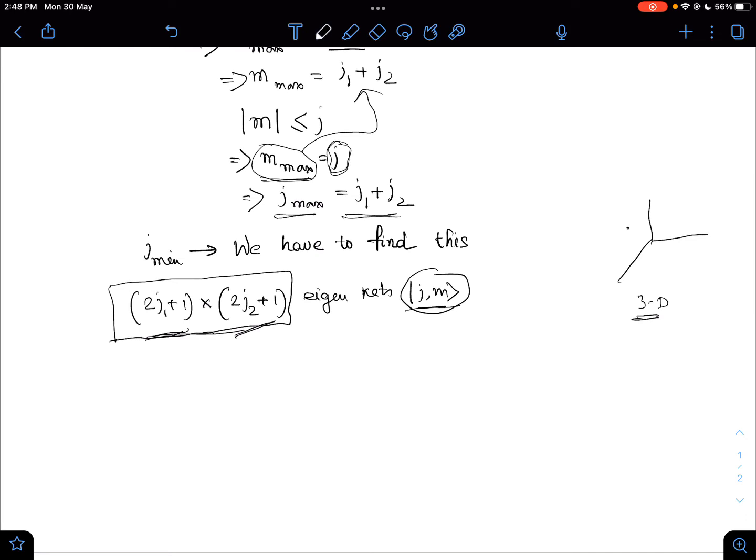So this is our maximum number of eigenkets.